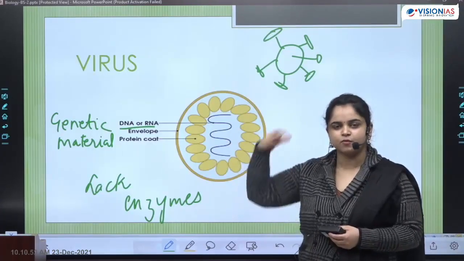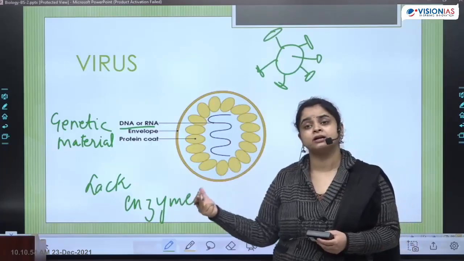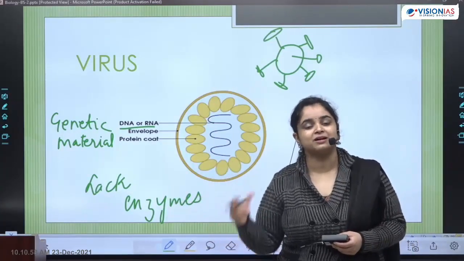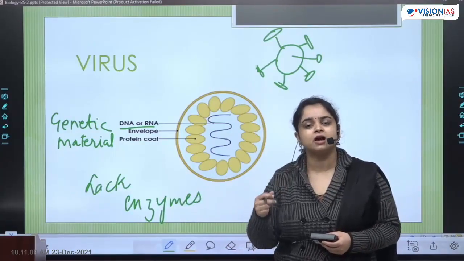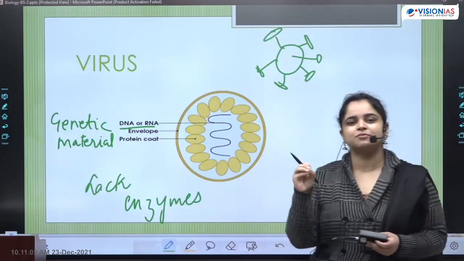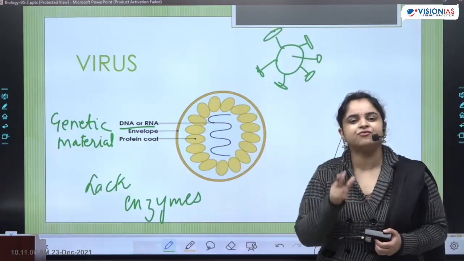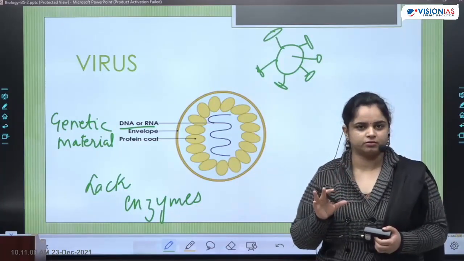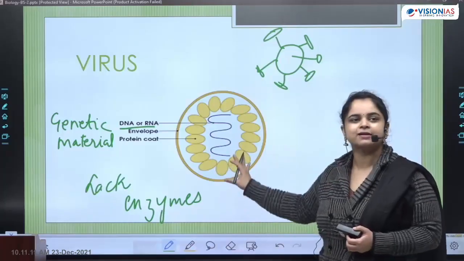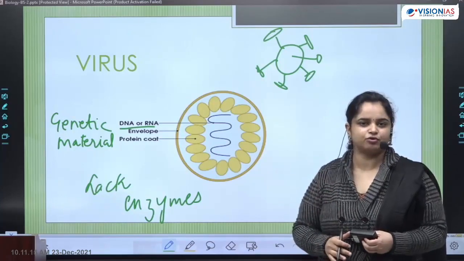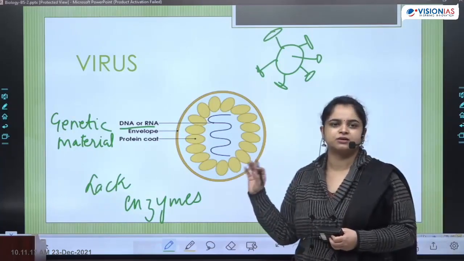Or if I want to grow a plant cell or a fungus cell, I can grow it in that medium. But I will not be able to grow a virus in an artificial medium. It will grow only with some living component. So we have to either give it enzymes or some cells, only then the virus will be able to grow.